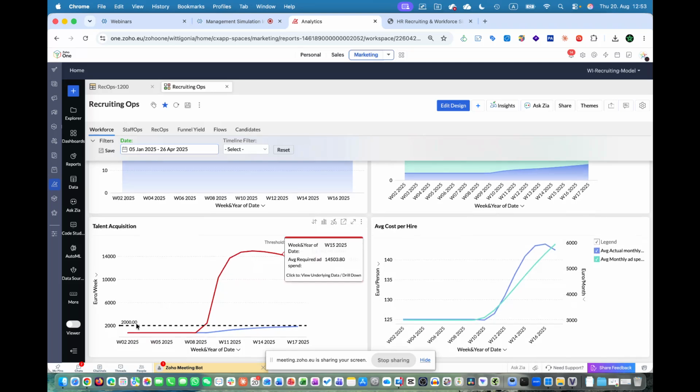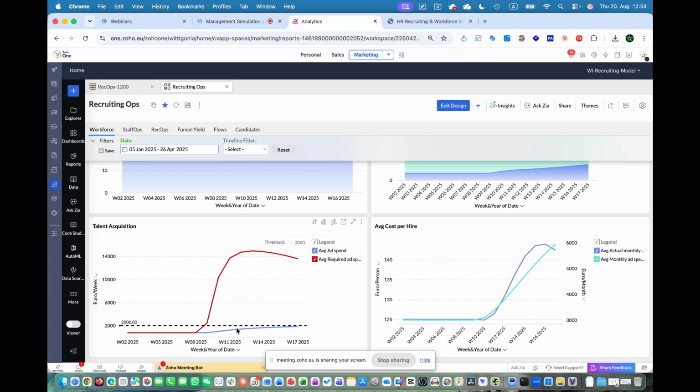recruitment marketing budget. So here, this enterprise is putting a cap at 2,000 units, let's say euros per week. But what would be actually required would be this red line here. So in order to fill the positions very quickly in line with the operational targets, they would have to spend much more.